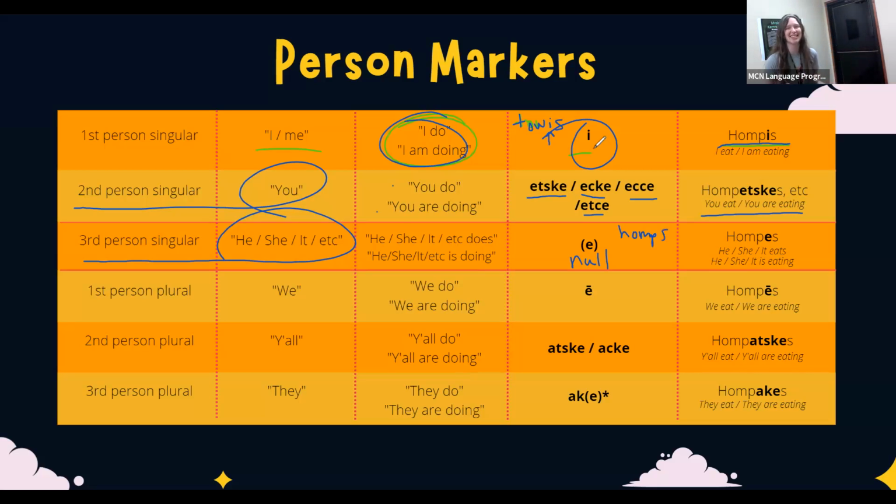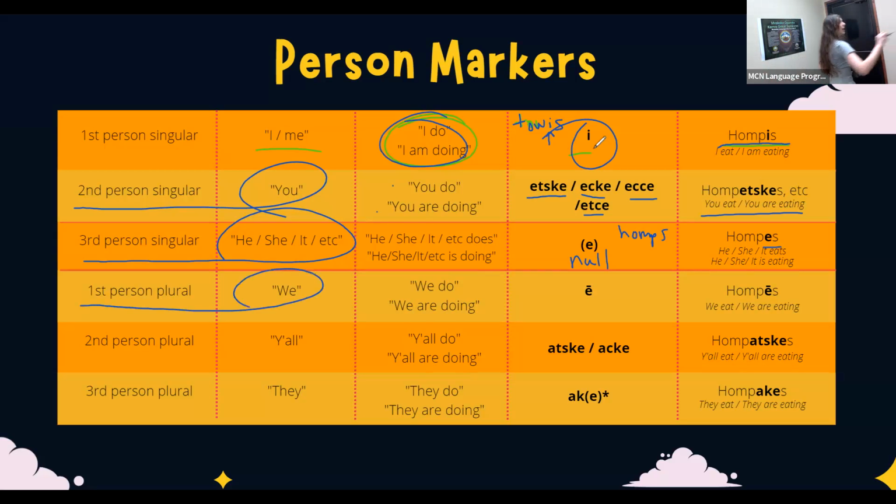That doesn't work in Mvskoke. It has to have something. So this E always exists if it has to. So it comes out hombis. But you hear how it's not a long E, it's a very short one. Hombis. He, she, it eats or is eating.